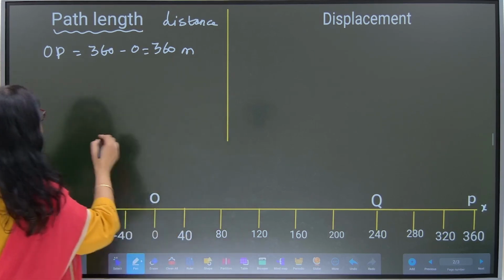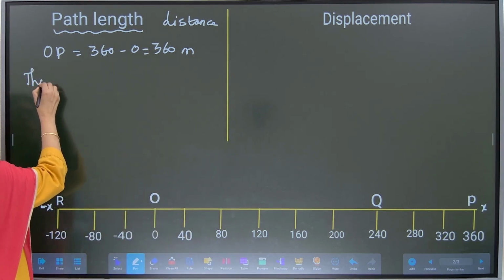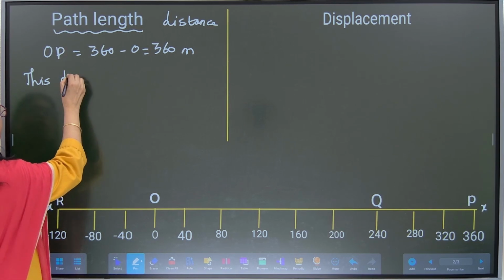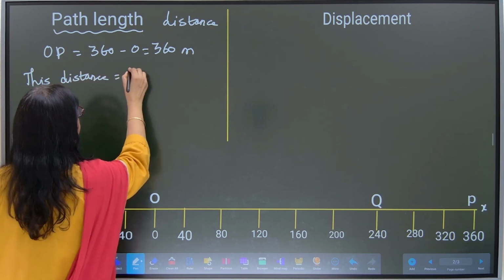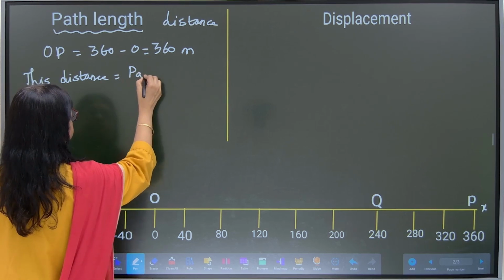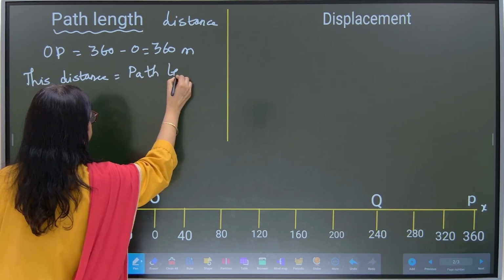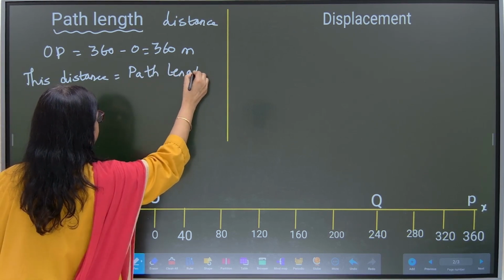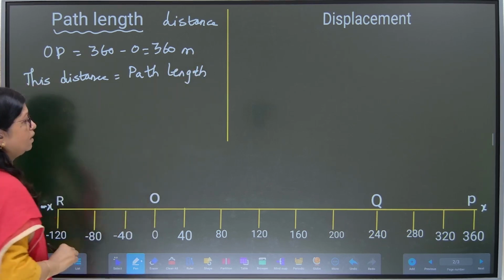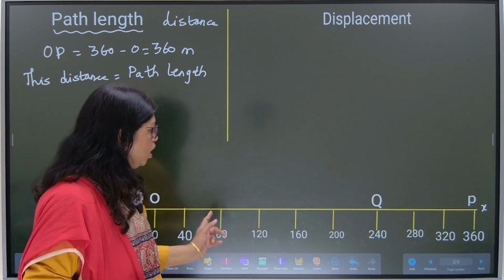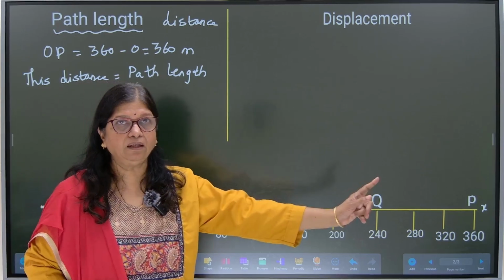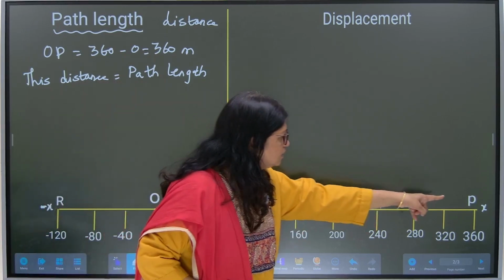This distance is called the path length of the object.